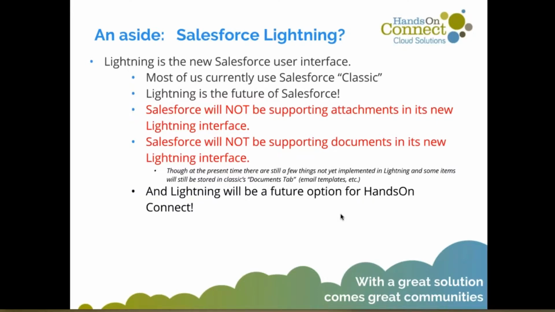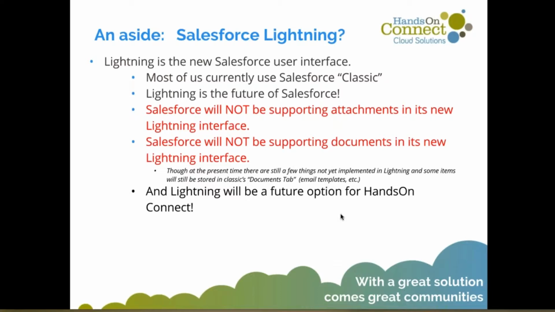So what is Salesforce Lightning? Lightning is the new Salesforce user interface. Most of us currently use what's called Salesforce Classic now, but Lightning is the future of Salesforce, and Salesforce will not be supporting attachments in its new Lightning interface, and Salesforce will not be supporting documents in the new Lightning interface.